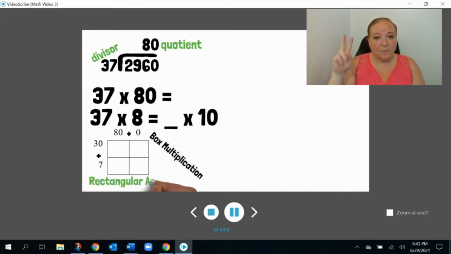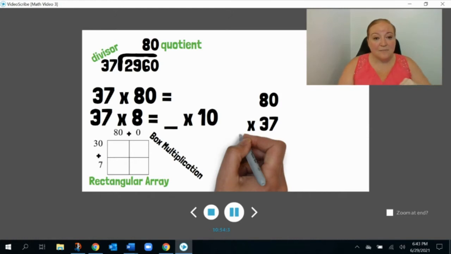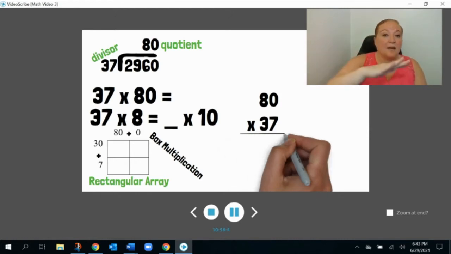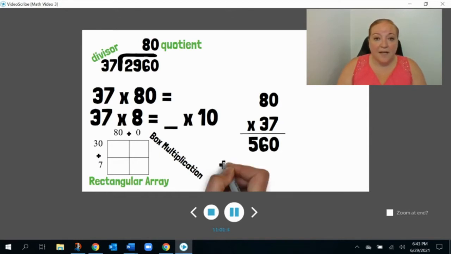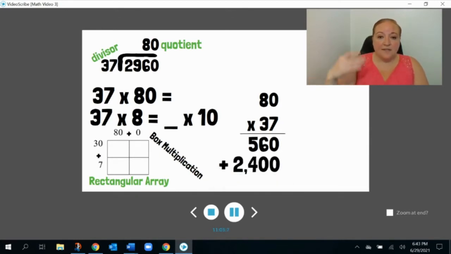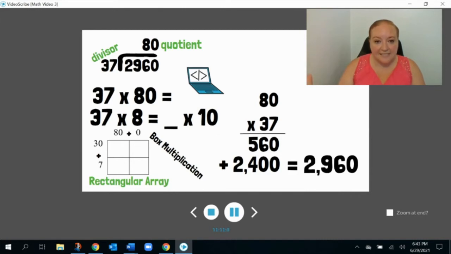Sometimes you'll hear it's called box multiplication, but it's actually called a rectangular array. You can use any of those methods, but for today, I'm just going to do 2 by 2 multiplication, which is something that we worked on last time. So 7 times 80 is 560, 30 times 80 is 2,400, and that equals 2,960.